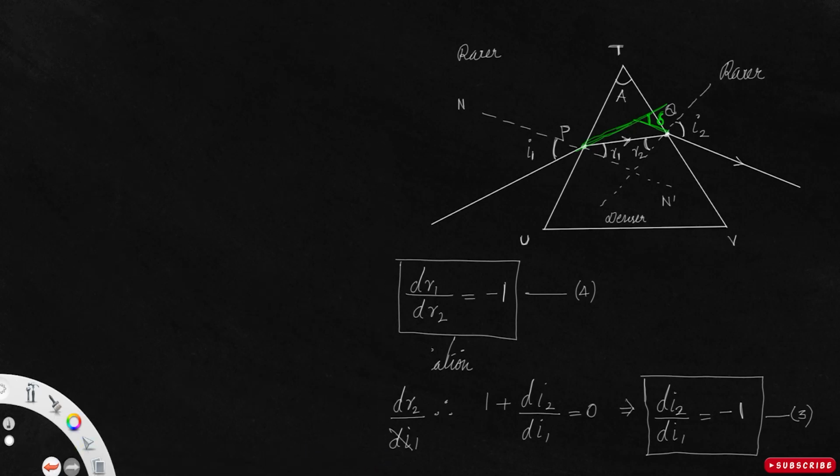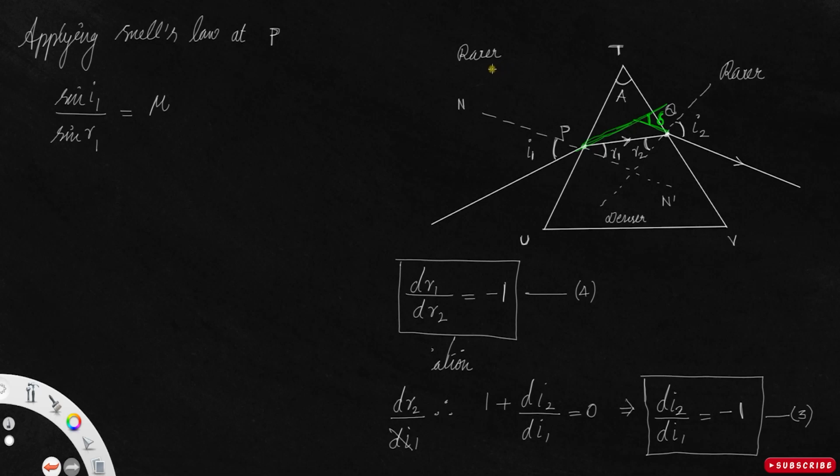Now we have the refractive index of the prism. We can apply Snell's law at the point P. You can write sine of angle of incidence, sine I1, by sine of angle of refraction, sine R1, is equal to refractive index mu.